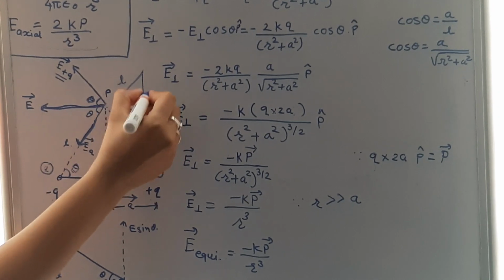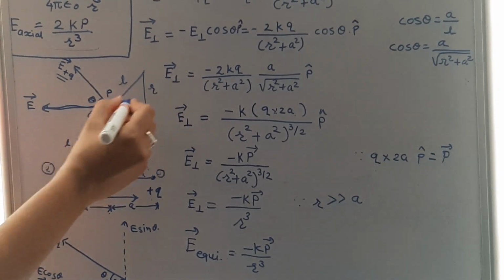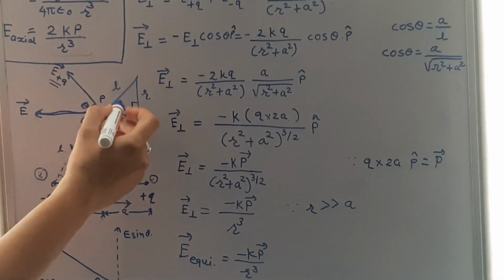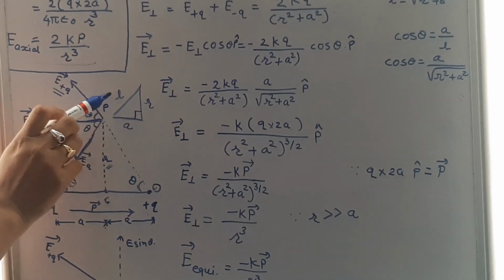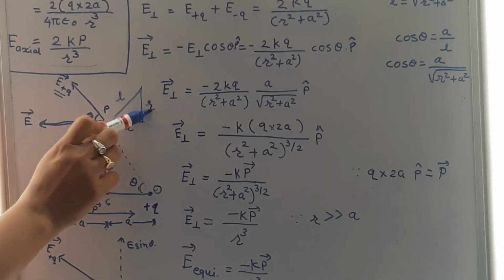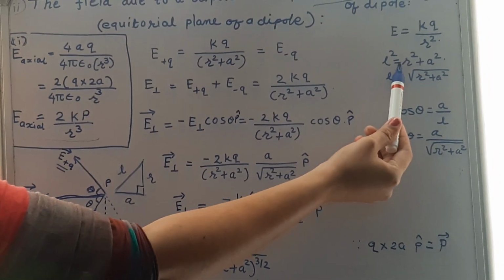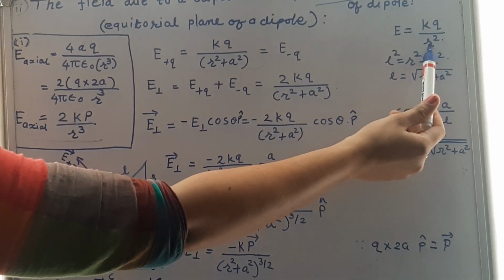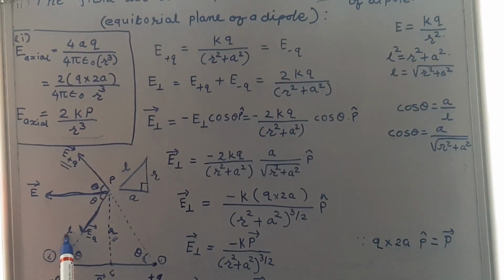L, a, r. You can apply the Pythagoras theorem here. L square is equal to r square plus a square. So in place of r square, I can write L square.